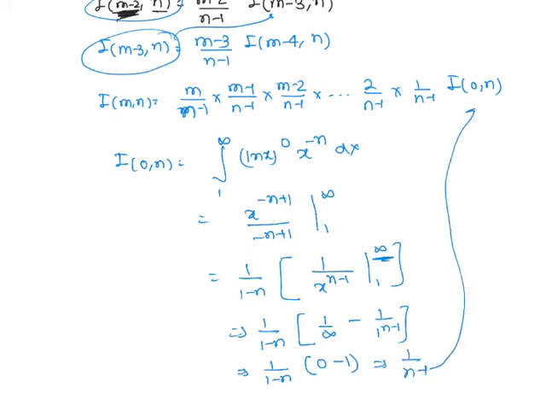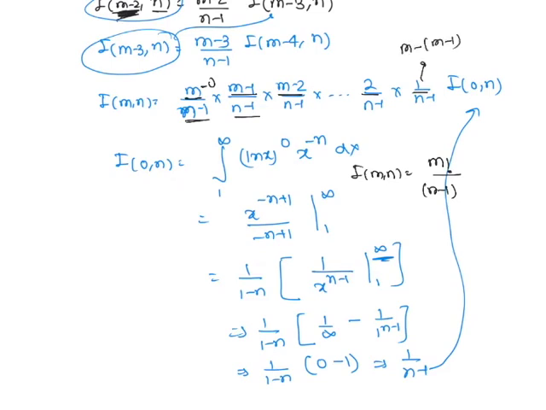So if I put this value here, what do we get? I m comma n. So here we can say m minus 1, m minus 2, down to 2, 1. So this we can say m factorial. Now if I take n minus 1, the power is minus 0, and this term we can write as m minus 1.